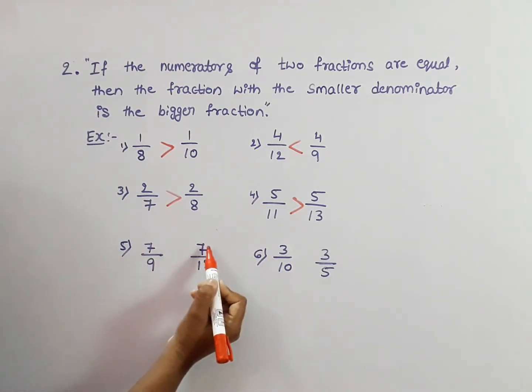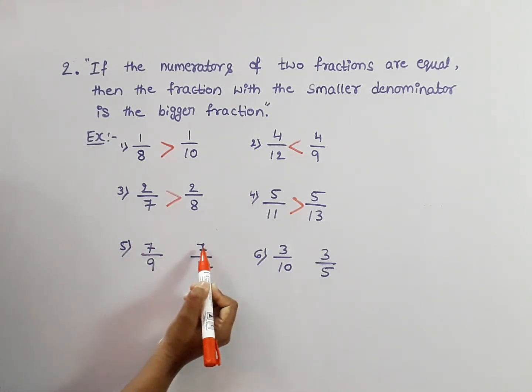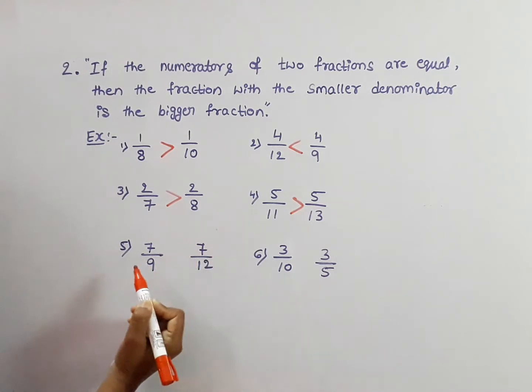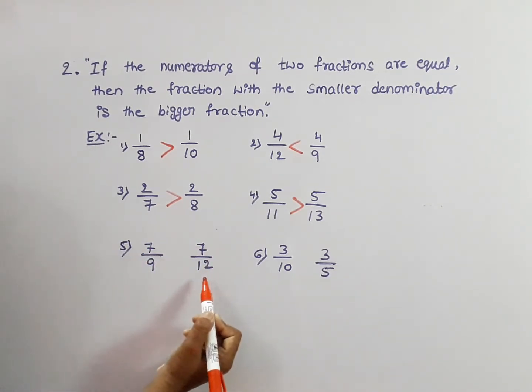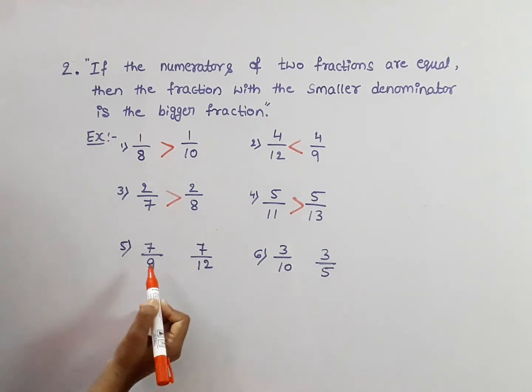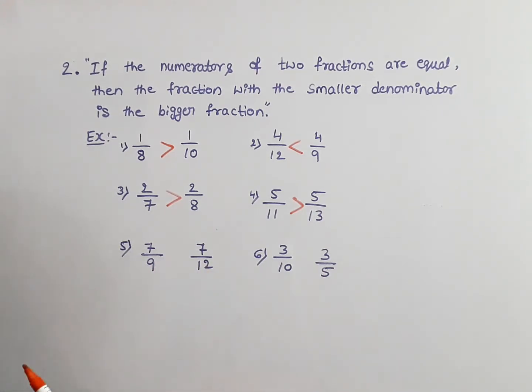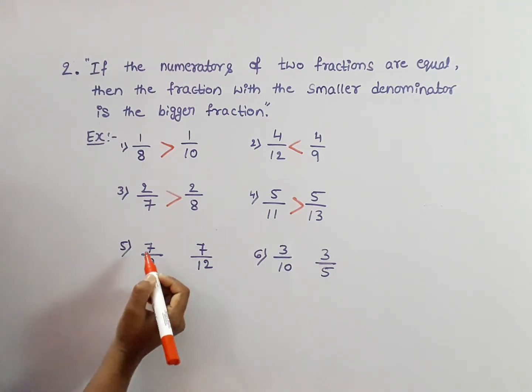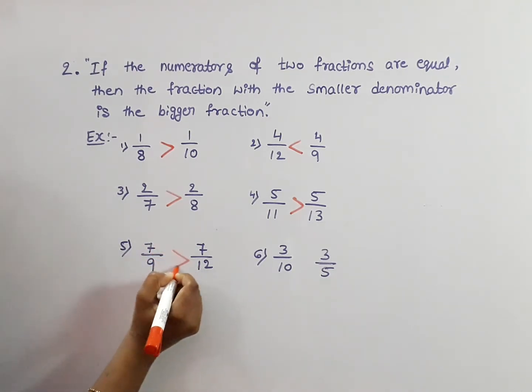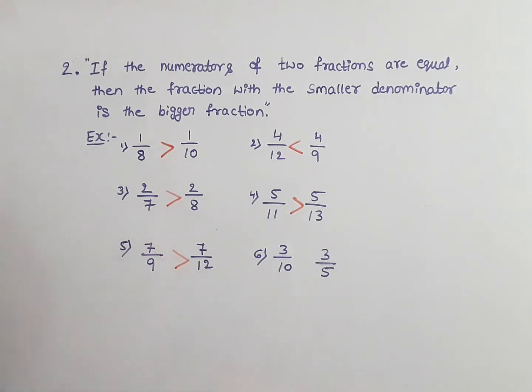Here numerators are equal in both the fractions. Numerator is 7. Then compare the denominator. Here 9 is there. Here 12 is there. Which fraction has the smaller denominator? Of course 7 by 9. So 7 by 9 is bigger fraction.